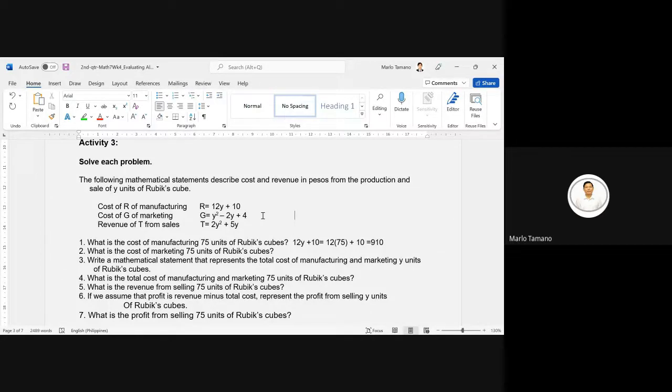Plus 4 is 5,479. 5,479. O, ganun lang po yon. Naintindihan?